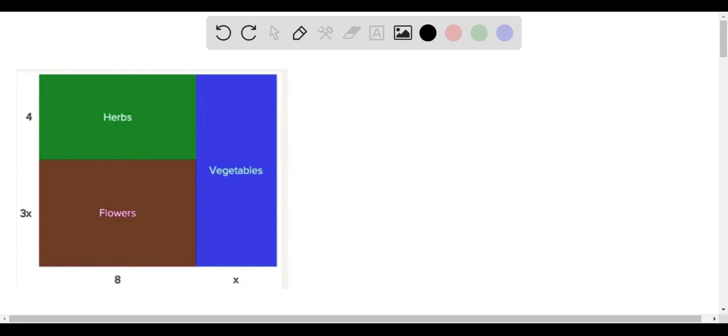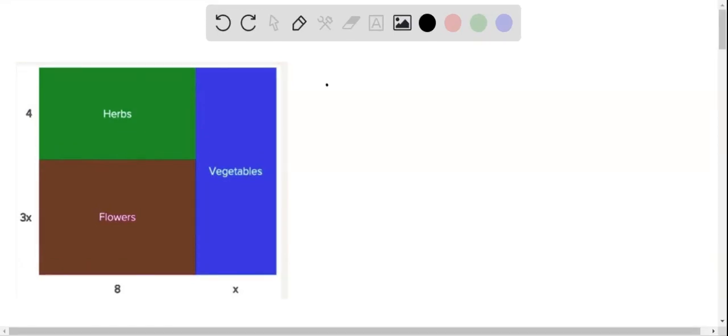Okay, so here we determine the total area of the garden. So we write total area of the garden, and this equals the sum of the areas of the herbs, flowers, and the vegetable areas.